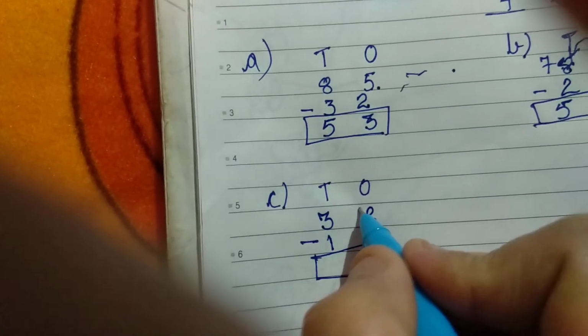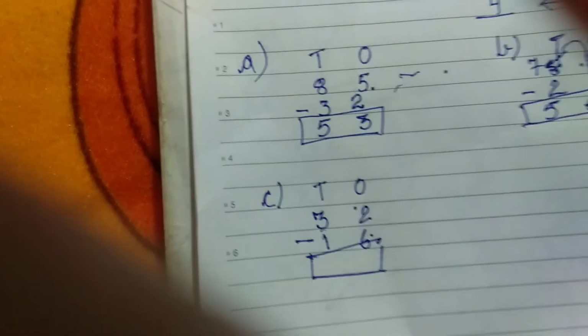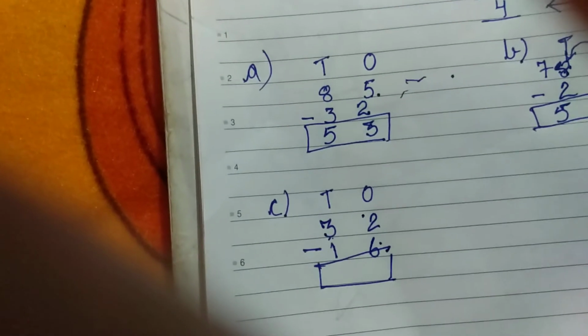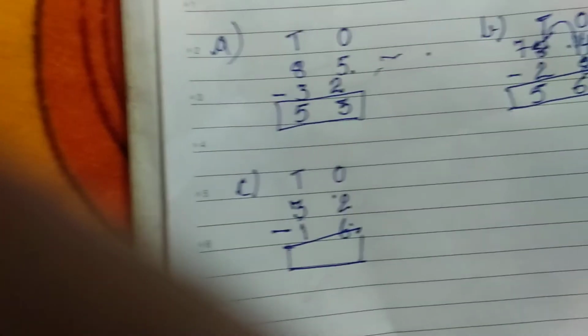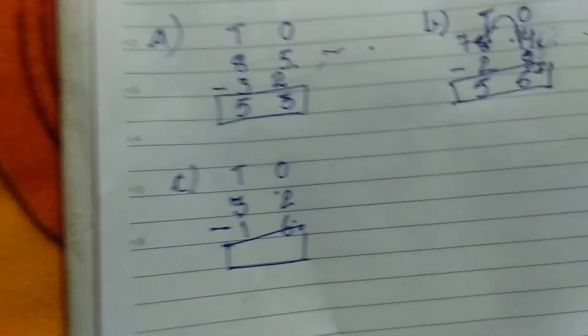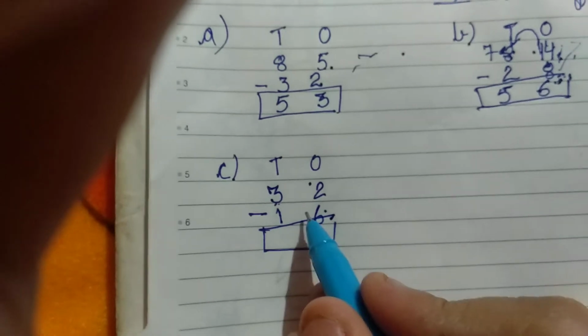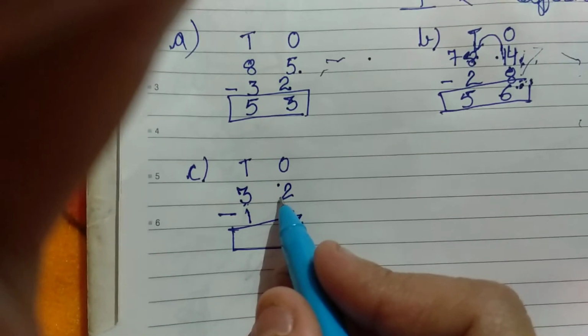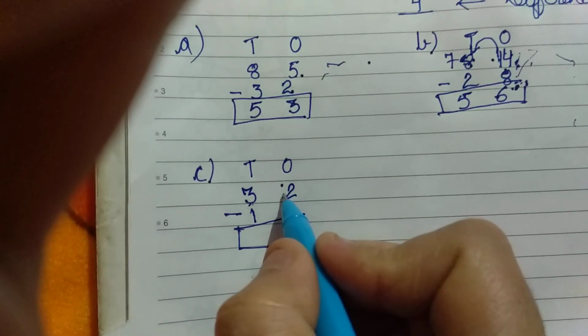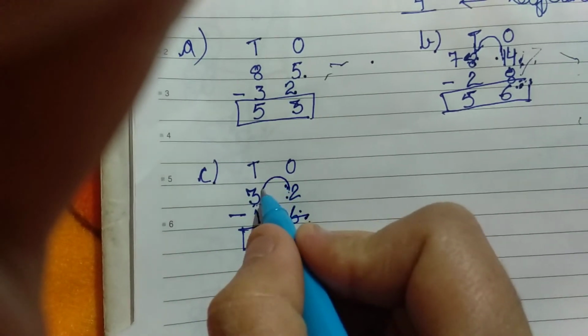No, so 2 will knock the door of 3. Children, whenever we want something, we go to our neighbor and take help from our neighbor. So here also the numbers will take the help of the nearest neighbor. So 2 will knock the door of 3.